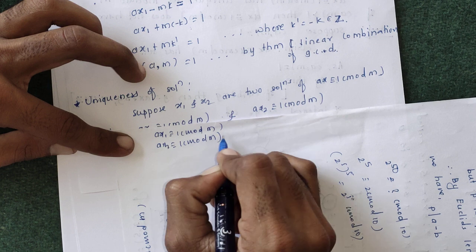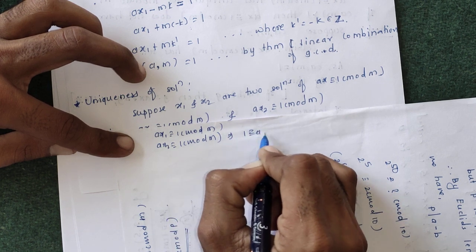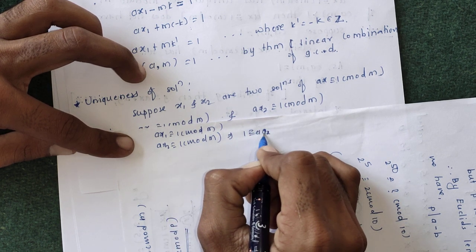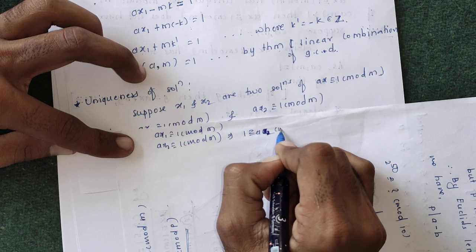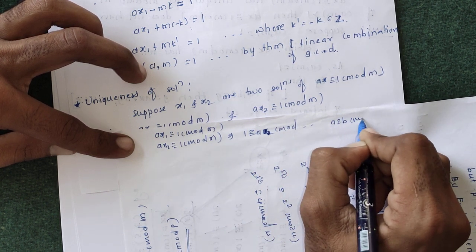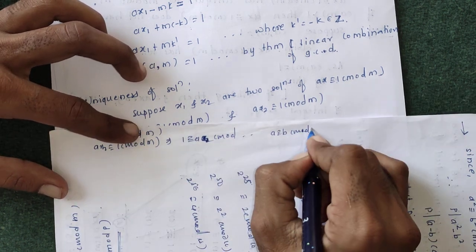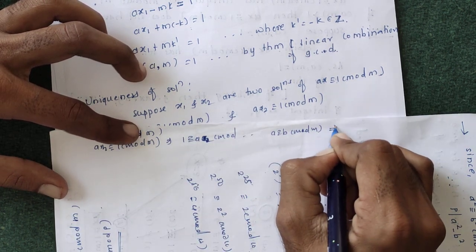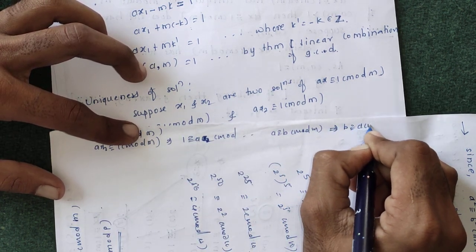So this congruence can be written as 1 is congruent to ax2 modulo m. This is by using the result that if A is congruent to B modulo m, then B is congruent to A modulo m.